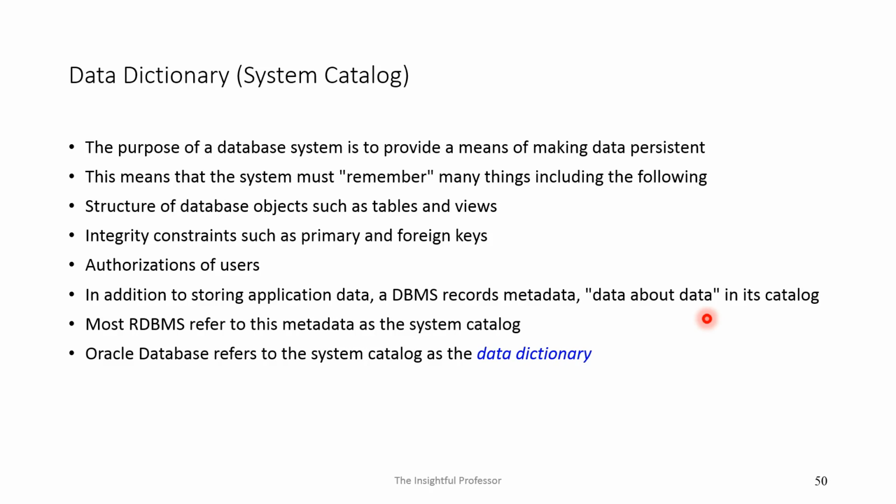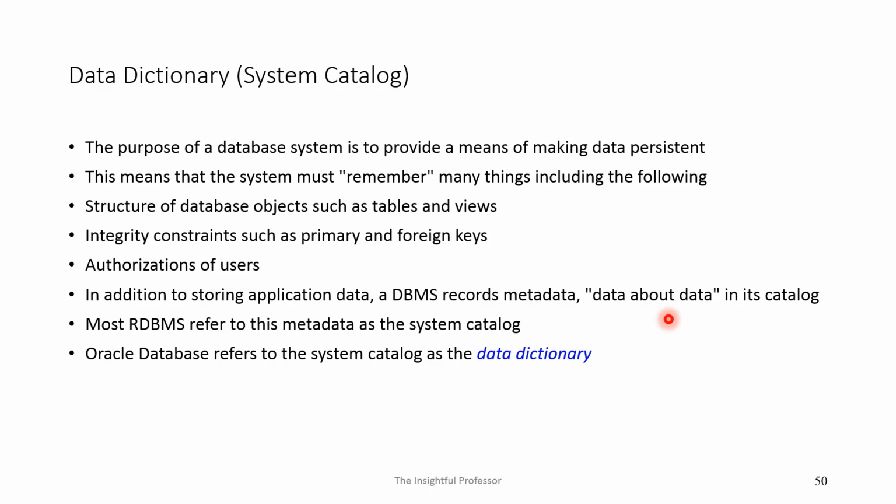What are the sizes of the columns? Which column or columns make up the primary key? Which column or columns make up foreign keys, and so forth? That's data that describes the table. It's not describing the content of the table, it's defining the structure of the table. So we call that metadata.